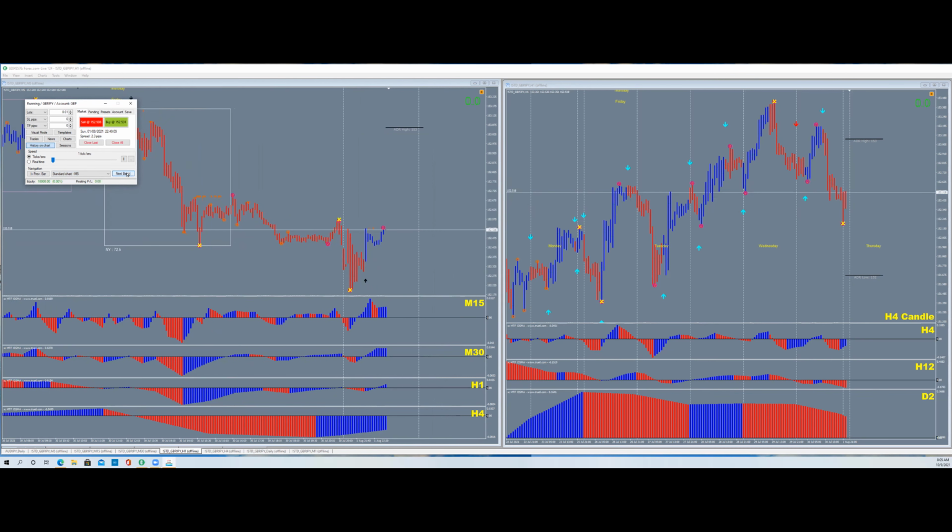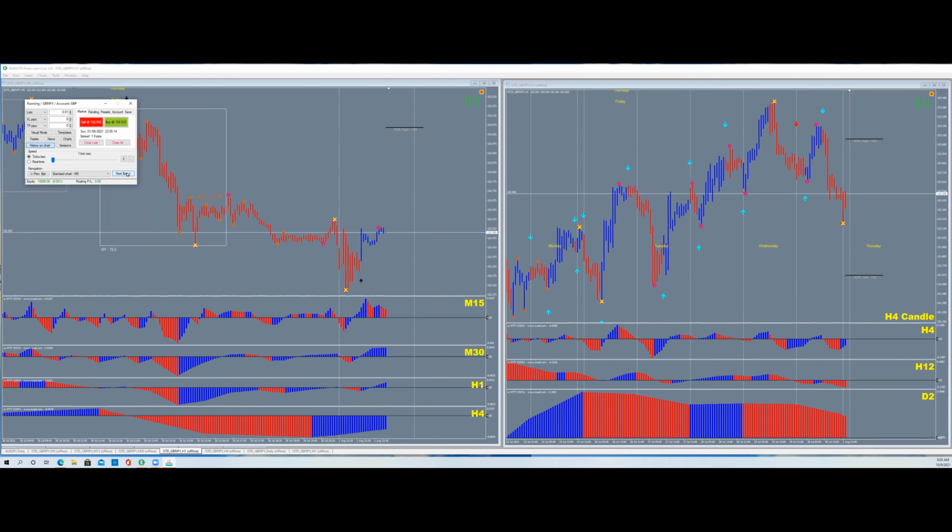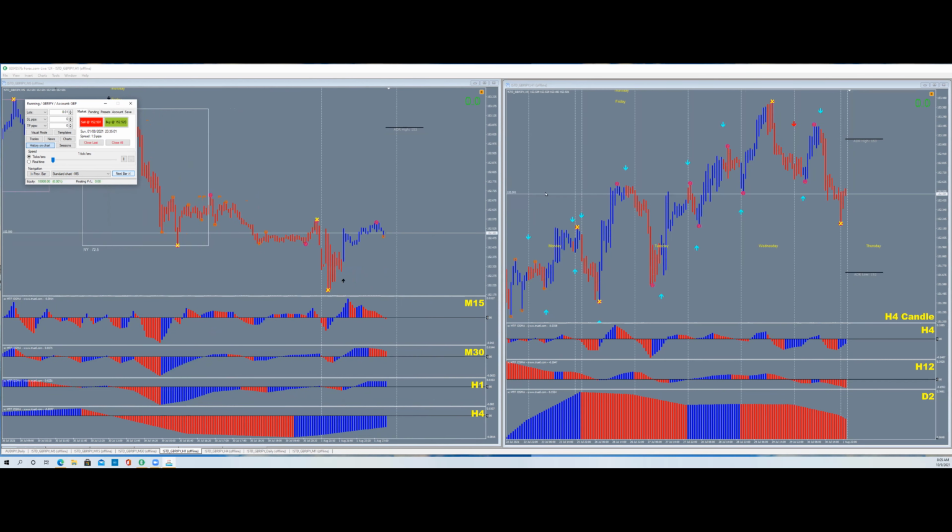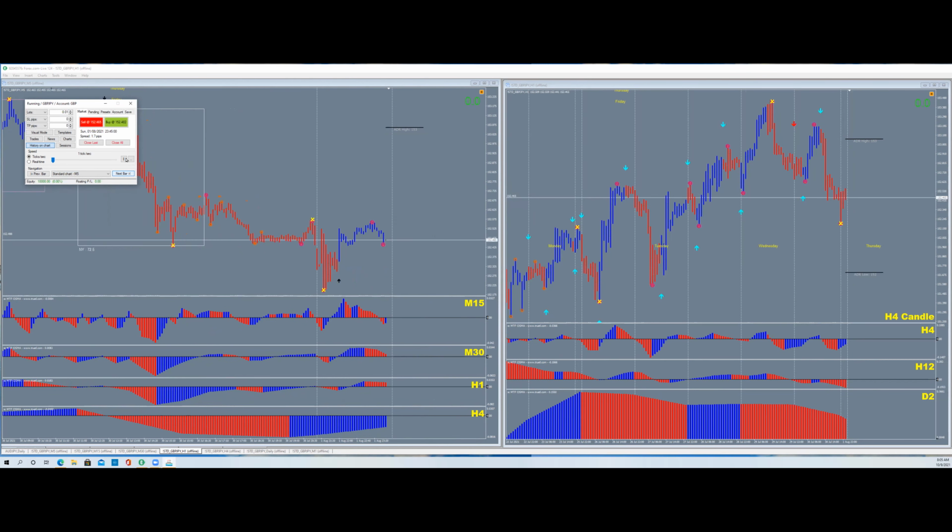And on my left hand, you should see a 5-minute chart. On the right, you should see the 1-hour chart. Actually, let me pause this.